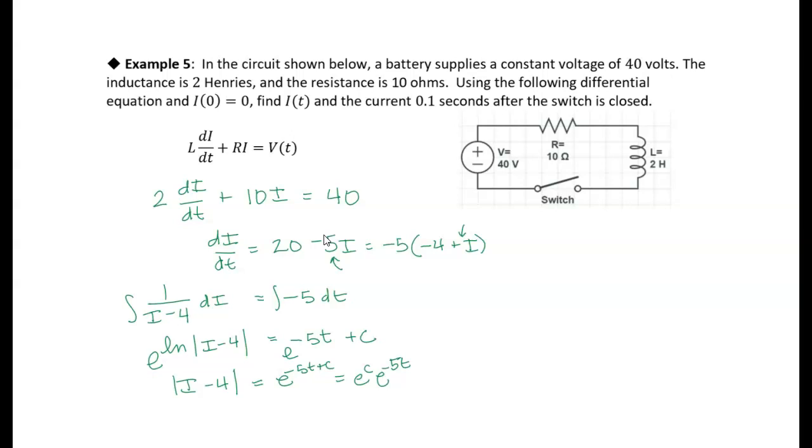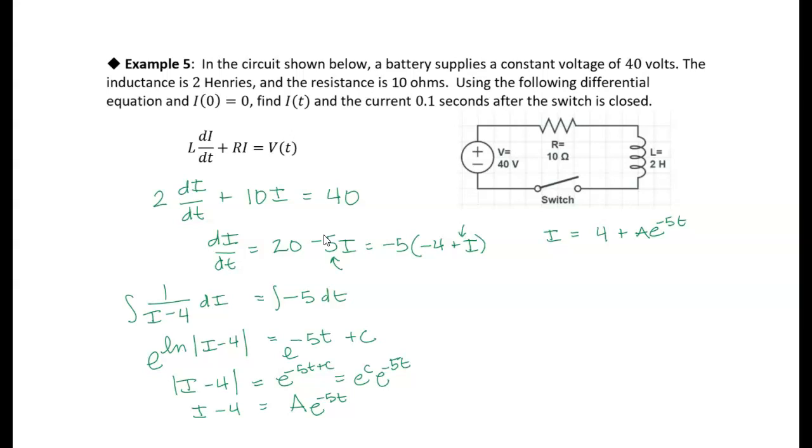Okay, e to the c is just a constant. I can get rid of the absolute value sign just by making that e to the c an arbitrary constant that can be positive or negative. So I get I minus 4 is equal to, let's call it a, e to the minus 5t. Okay, and now I can solve for I. So I is equal to 4 plus a e to the minus 5t.